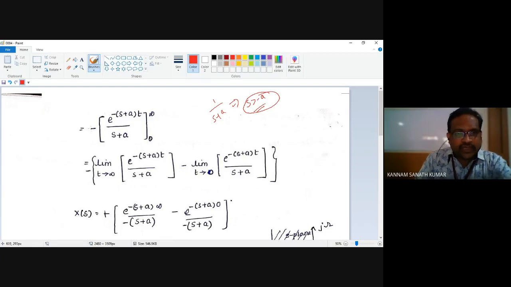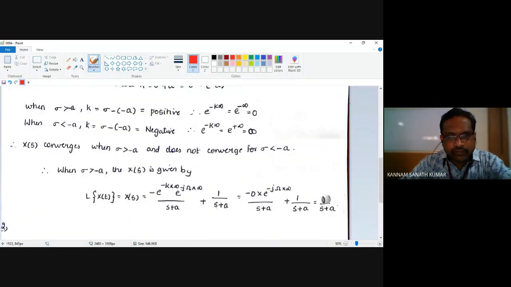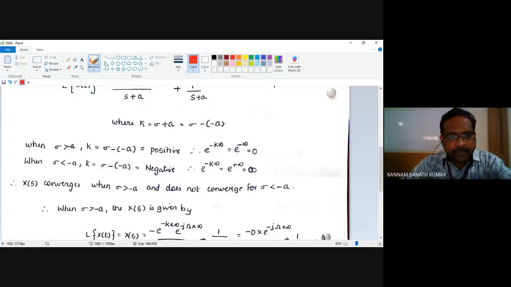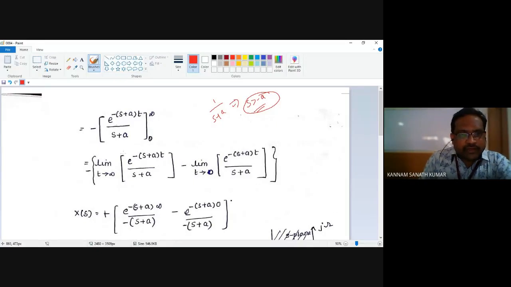So here, if you apply, e power minus (s plus a) into t by (s plus a) integrated from 0 to infinity.